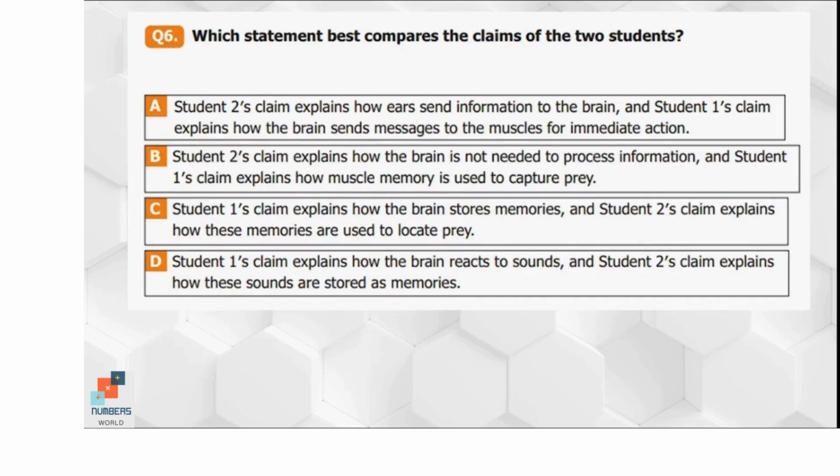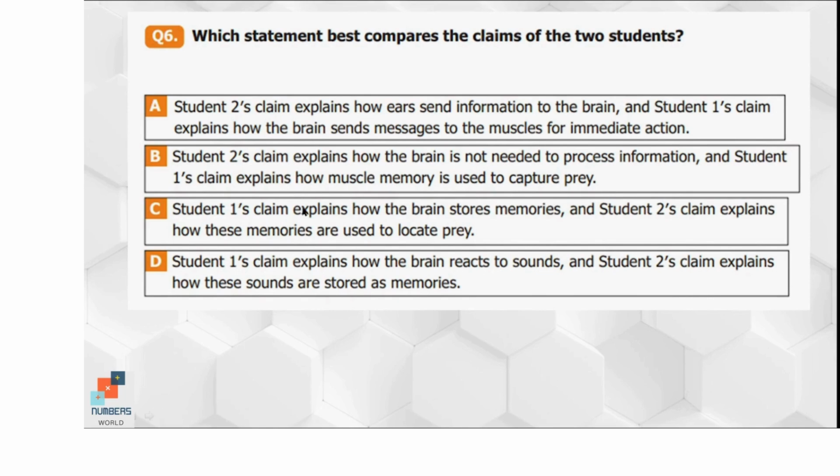Question number 6. Which statement best compares the claims of the two students? Option A, student 2's claim explains how ears send information to the brain, and student 1's claim explains how the brain sends messages to the muscles for immediate action. B, student 2's claim explains how the brain is not needed to process information, and student 1's claim explains how muscle memory is used to capture prey.